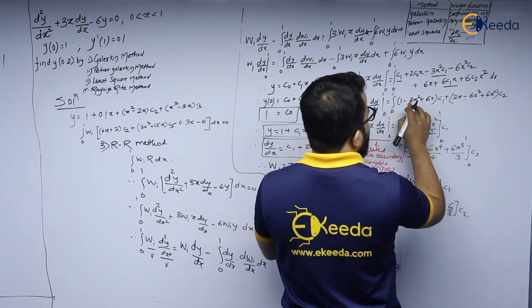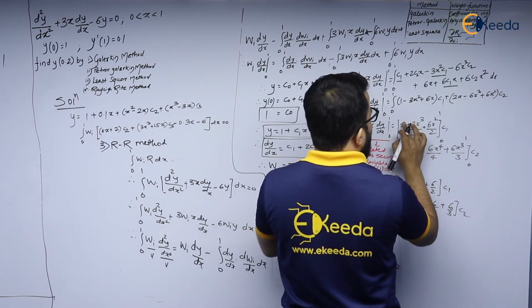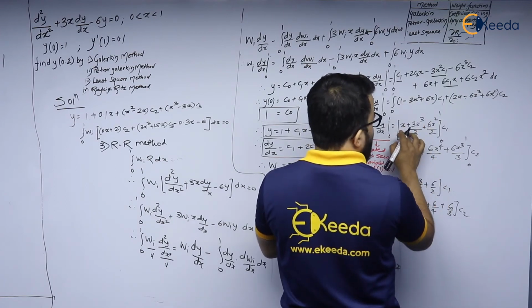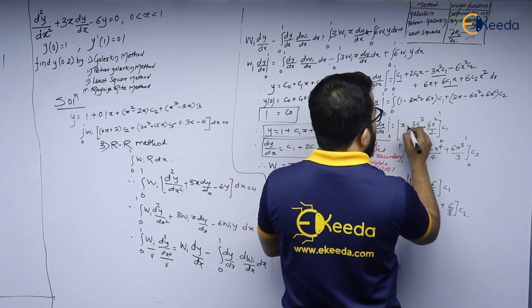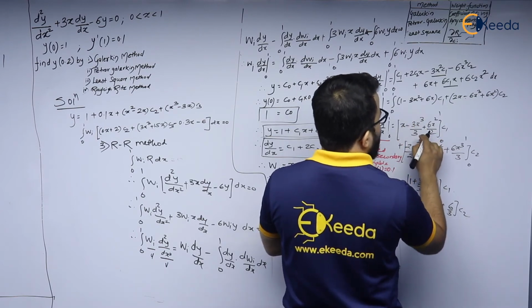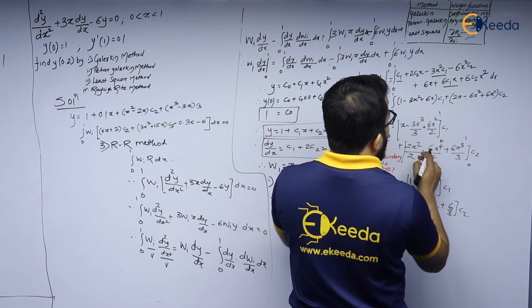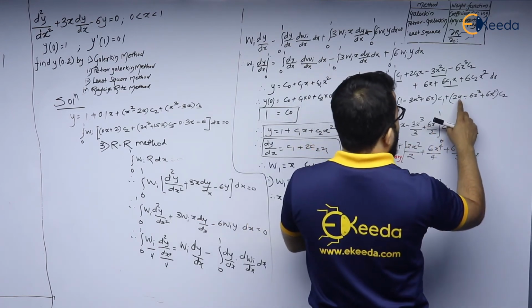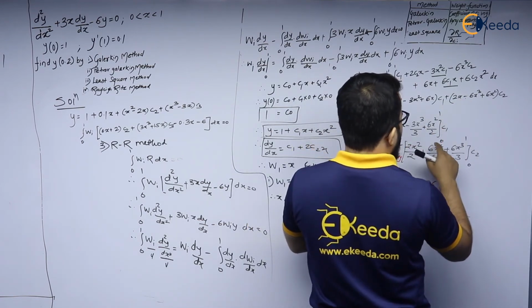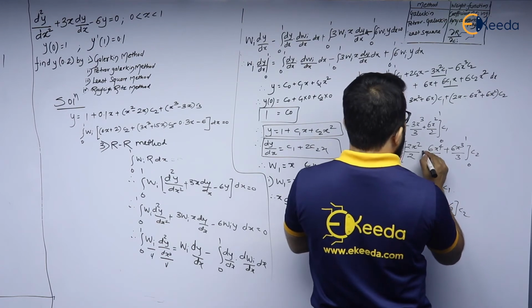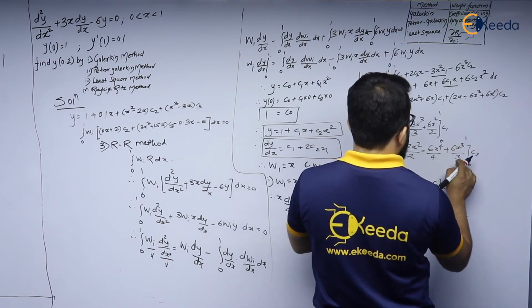If I'm integrating this, you will get x, and this becomes minus 3x cube by 3 plus 6x square by 2, and this becomes 2x square by 2 minus 6x raised to 4 by 4 plus 6x by 3.